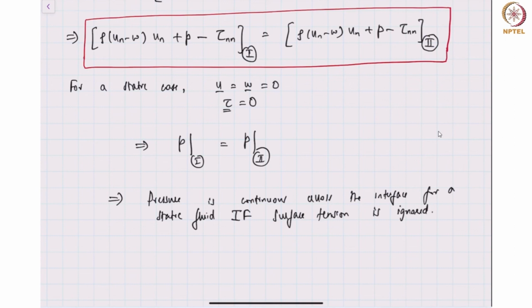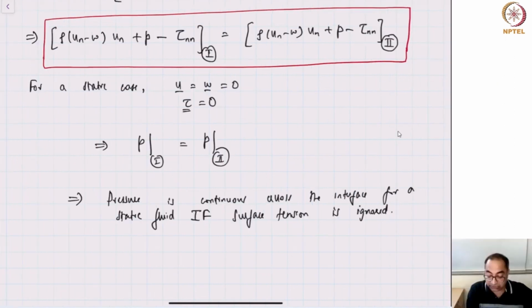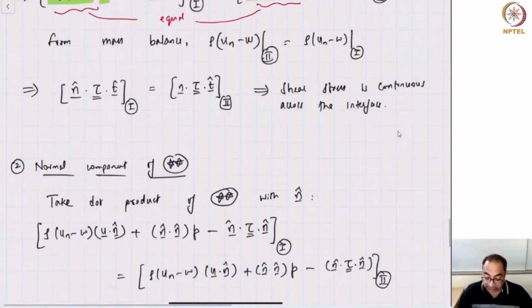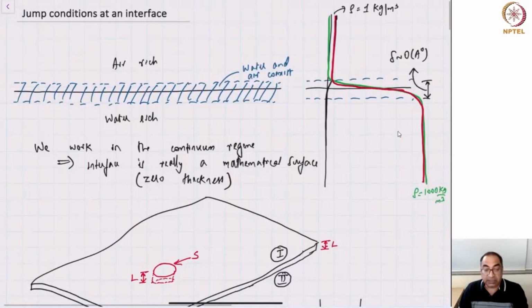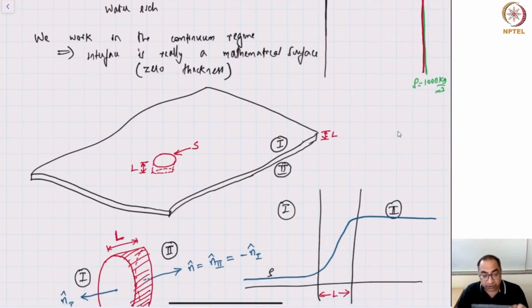Now what we are going to subsequently do is to derive these conditions in the presence of surface tension. Just to quickly recap what we have seen in this lecture: we started by assuming that the interface is actually a region of finite thickness. We considered a small volume, a sheet of finite thickness.